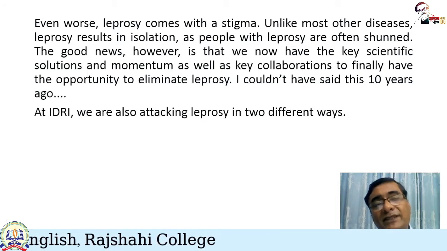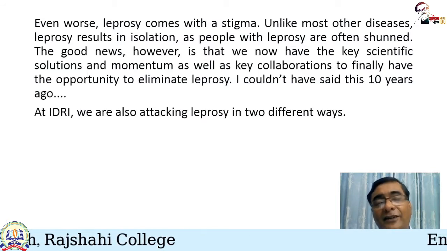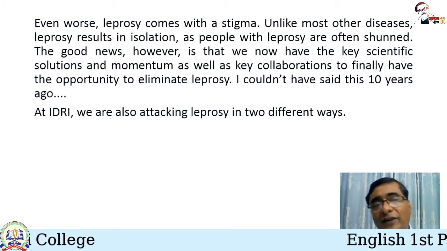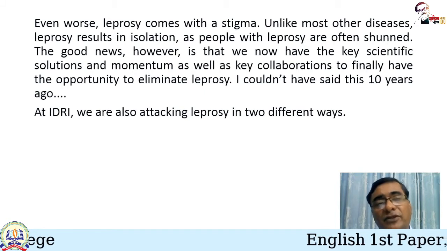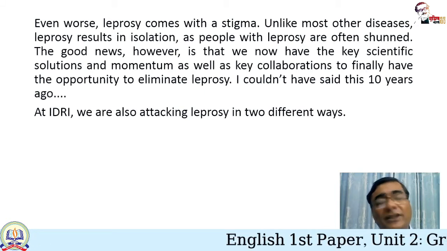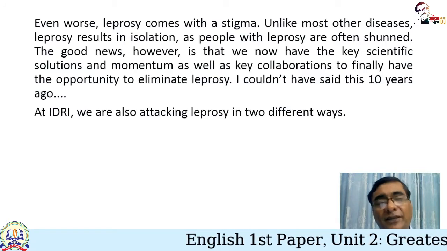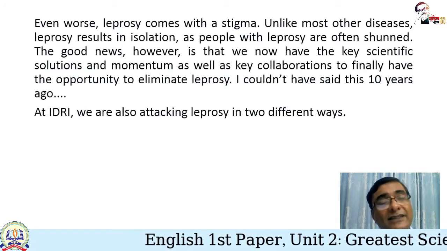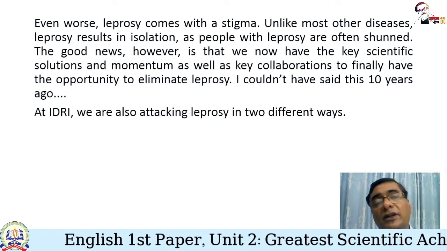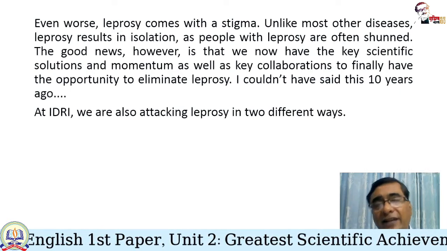Leprosy is that kind of disease. It's not as contagious as coronavirus, but still, if a person suffers from leprosy, he or she is isolated from society. Nobody mixes with him, because they think that since it's a contagious disease, it can spread to other people. So the person is isolated.